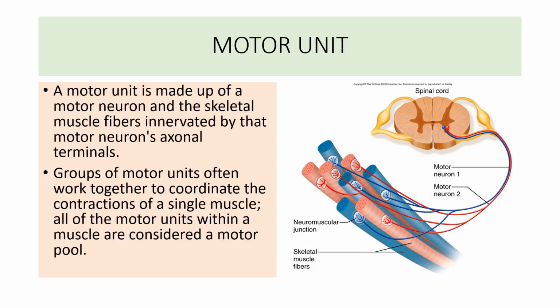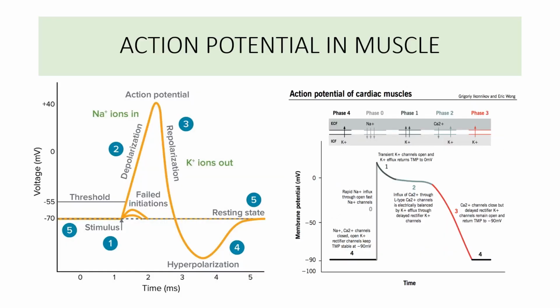Suppose 10 myofibrils are connected by one neuron, they will constitute one motor unit. In this way, a group of motor units often work together to coordinate the contraction of a single muscle. The all or none principle works during the muscle contraction.